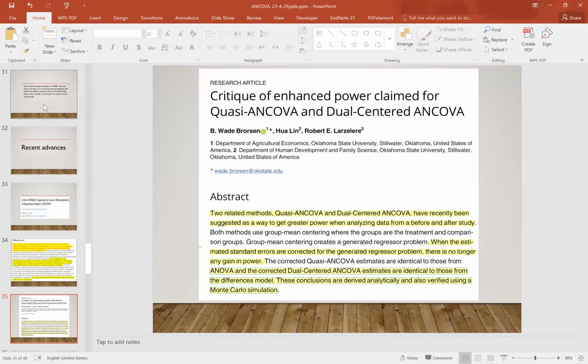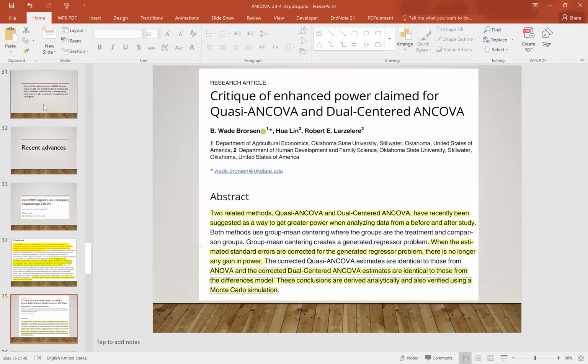Both methods use group mean centering, where the groups are the treatment and comparison groups. Group mean centering creates a generated regressor problem when the estimated standard errors are corrected.